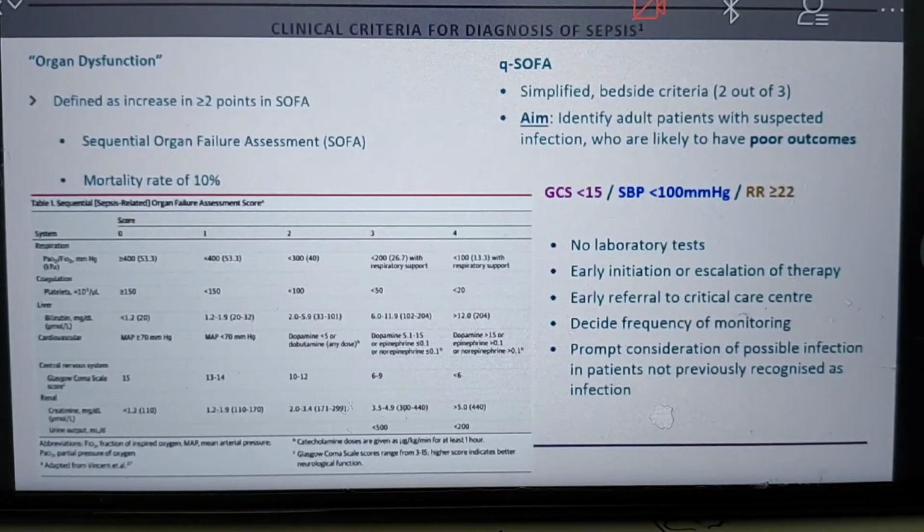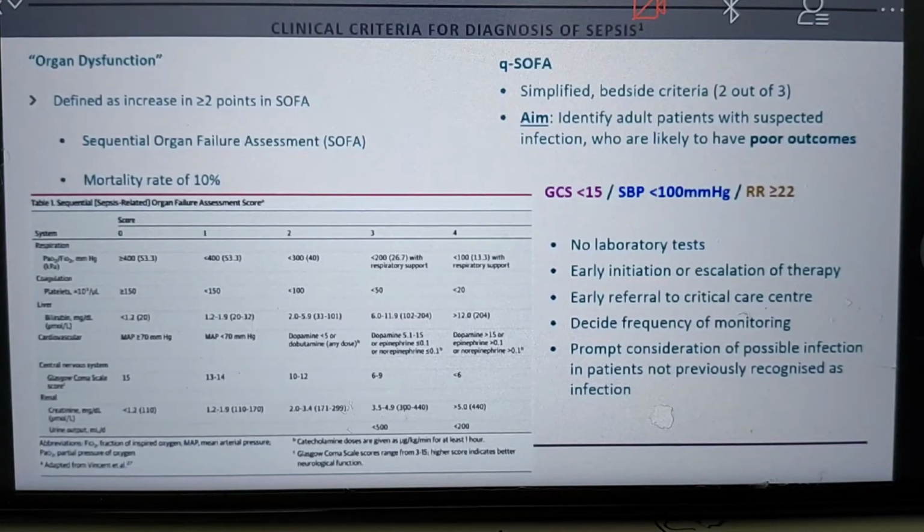The next one is cardiovascular. This one we look at the mean arterial pressure on the blood pressure machine. Score 0 is when mean arterial pressure is 70 or more. Score 1 is when the MAP is less than 70. Score 2 is when we need to use dopamine less than 5 or dobutamine to support the MAP.